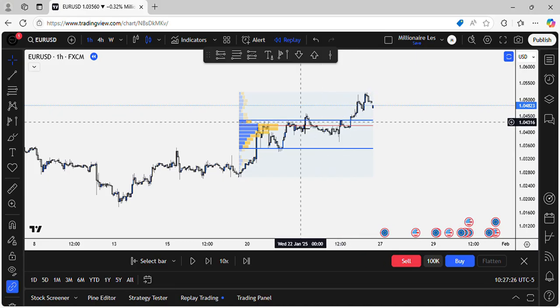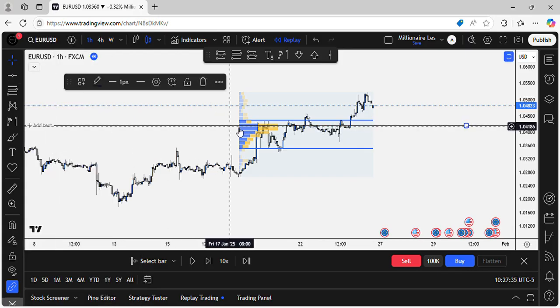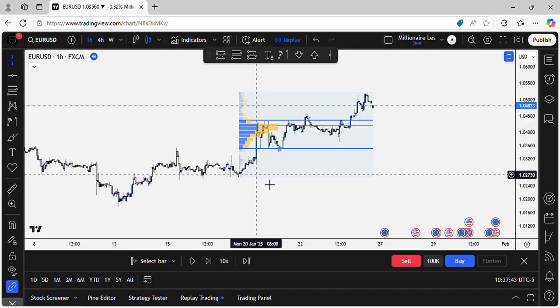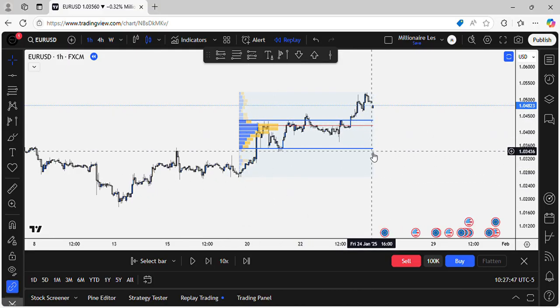It's pretty much the point of equilibrium within the 70%. Some people use it as support and resistance, some people use it to take profits. It's really up to you how you want to use it. Me personally, I do not take it. The point of control is usually in between the value area high and the value area low.